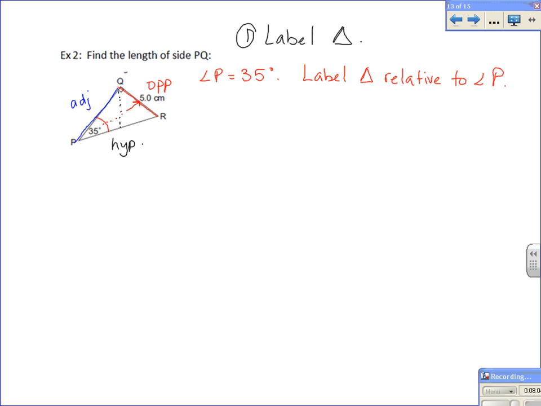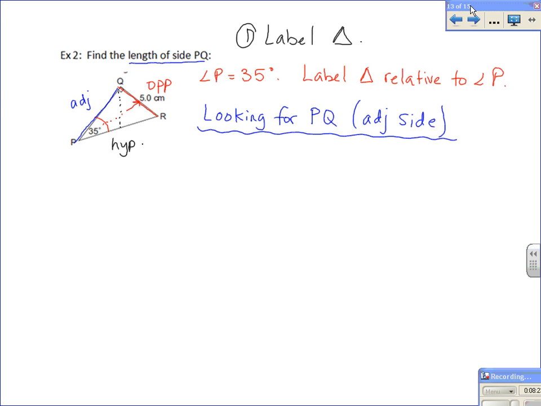Okay, I'm looking for the side length of PQ, which is the adjacent side. Okay, that's the side I'm looking for, PQ. Okay, excellent. So let's go ahead and write what we know.